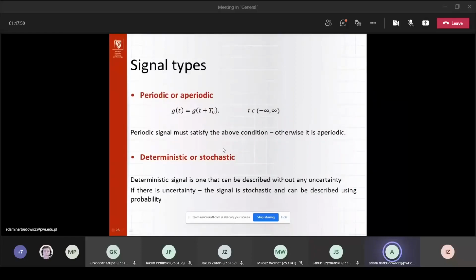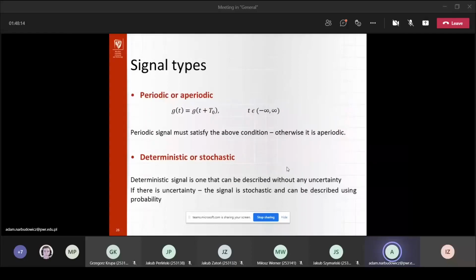And then another classification is whether a signal is deterministic or stochastic. Deterministic is a signal that can be described without uncertainty. Again, our sine function would satisfy this property.